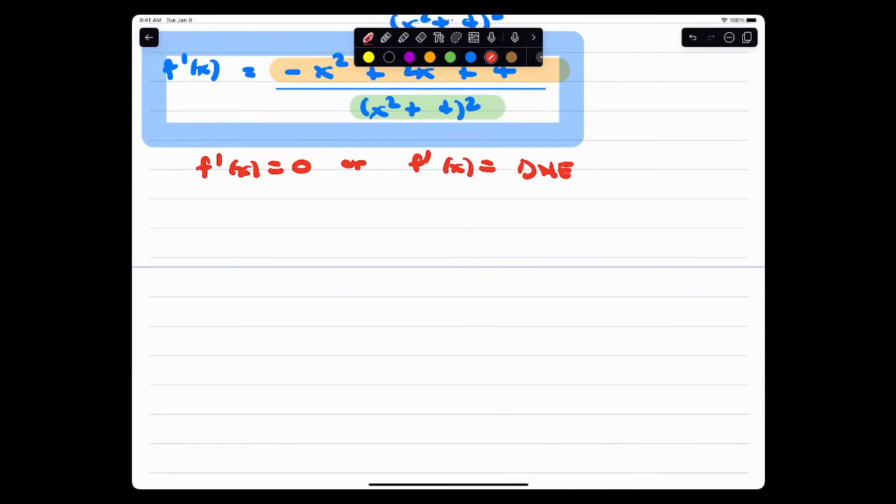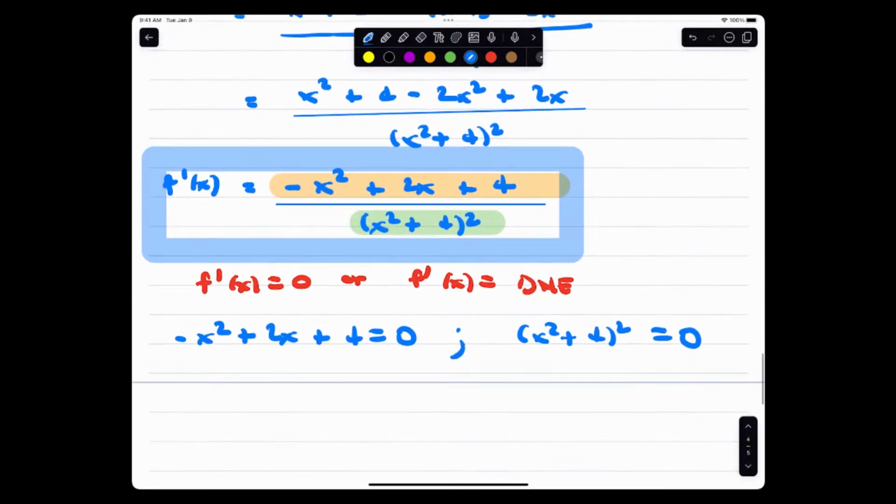The first equation: negative x squared plus 2x plus 4 is 0. The second equation: x squared plus 4 squared is 0. You guys okay with that one?